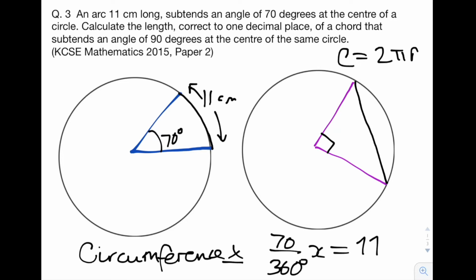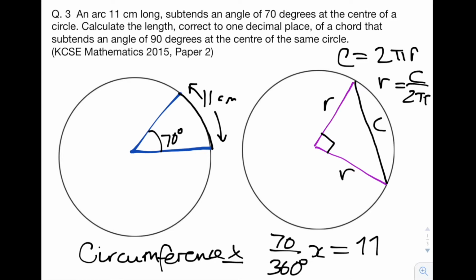We can rearrange this to find r, so r is equal to the circumference divided by 2 pi. So once we find the radius, we know that the radius is this here and it's also this here.